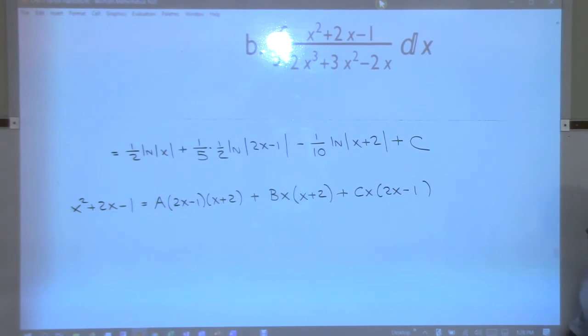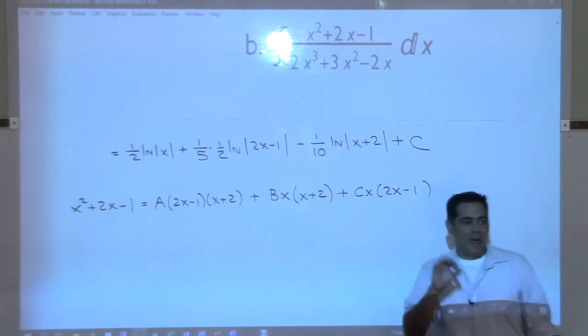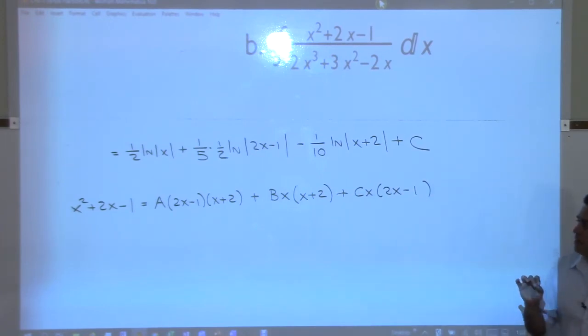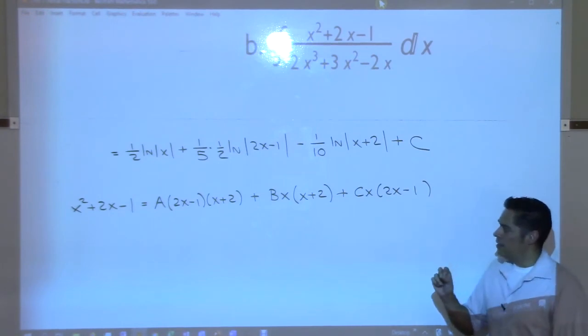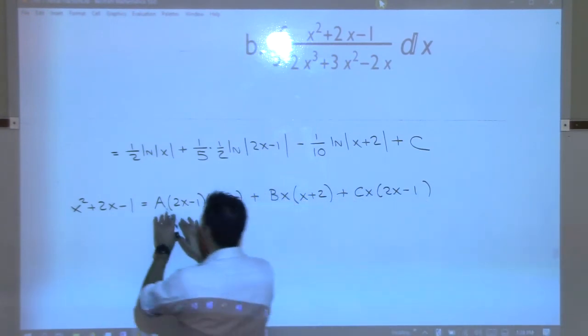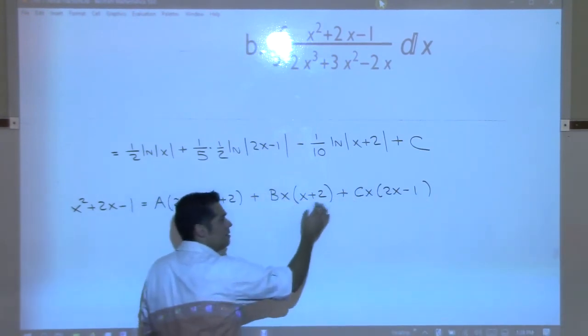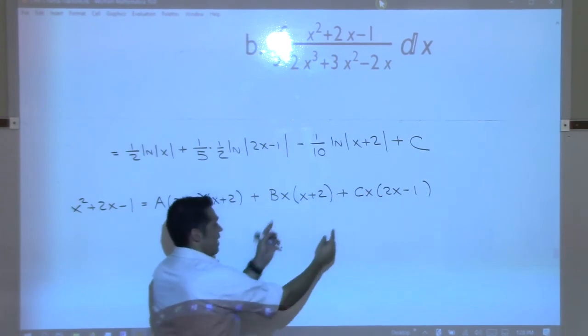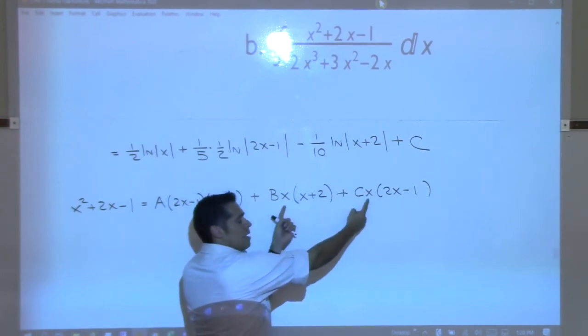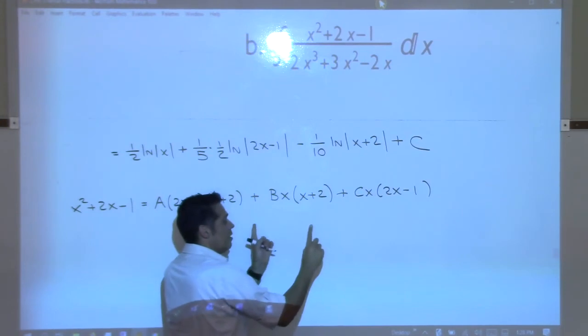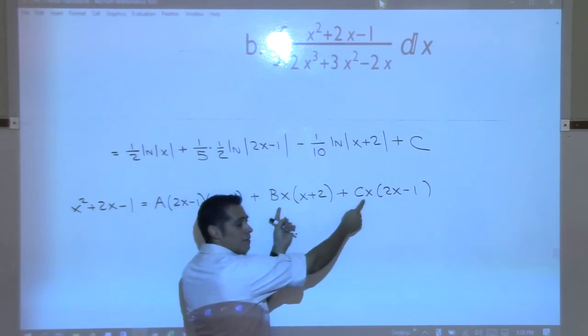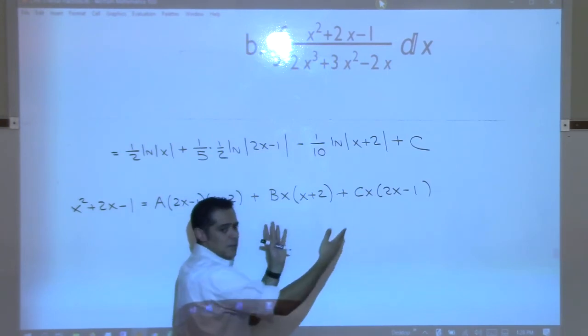The way you know you have to do the long way is this: when we were trying to find a and kill off the b and the c, we just let x be 0. If you can't figure out a number that kills these two off, then you have to use the long way.